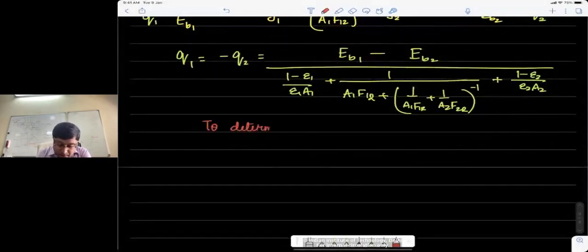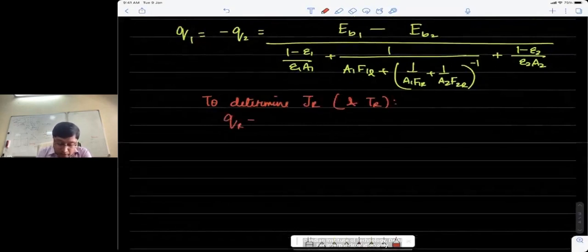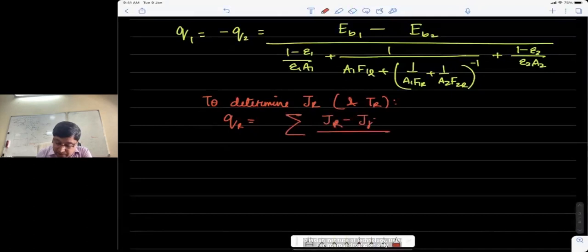So to determine JR and subsequently TR, what we can do is we can look at QR, which was supposed to be the summation over J of (JR minus JJ) by AR FRJ inverse, from J going from 1 to N. In this problem, N will be 2, okay, and QR is 0.